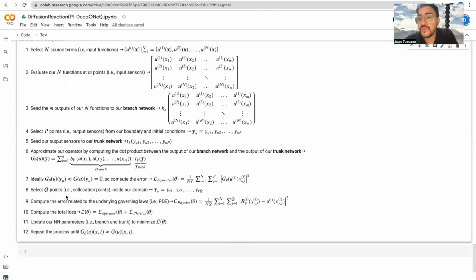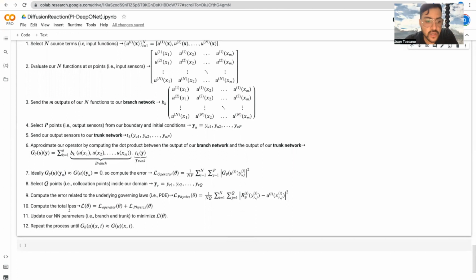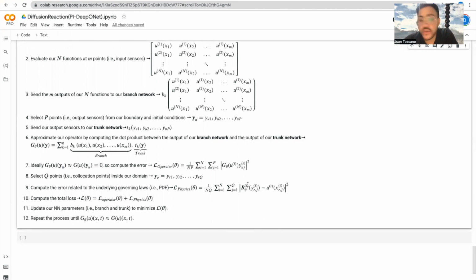Select q points, which we'll call collocation points, inside our domain, and let's call them yr. Compute the error related to our partial differential equation on the collocation points. Compute the total loss. Update the neural network parameters, the branch network and the trunk network, to minimize the loss function.